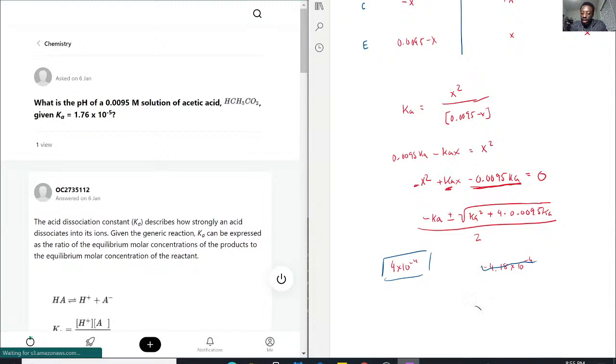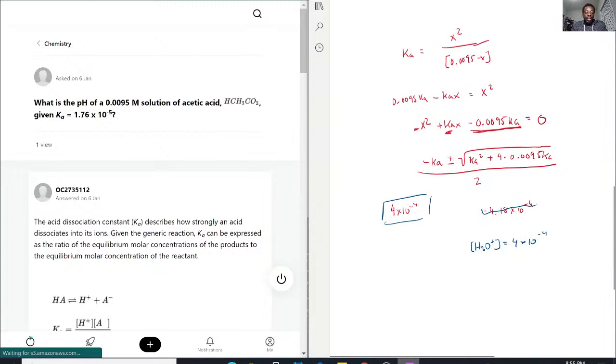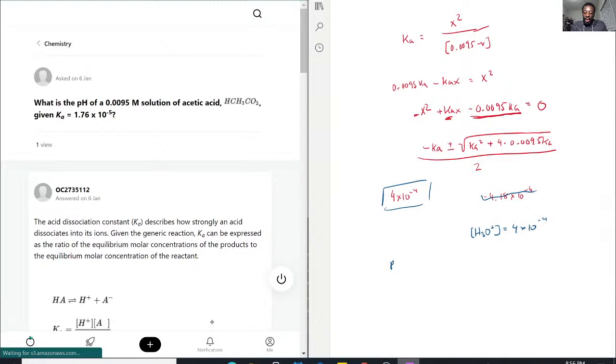So that means x is equal to that, but more importantly means that the concentration of H3O plus is equal to 4 times 10 to the negative 4. So now what does it mean for pH? For this, we have to use our formula of pH is equal to negative log of H3O plus. So let's go ahead and do that.